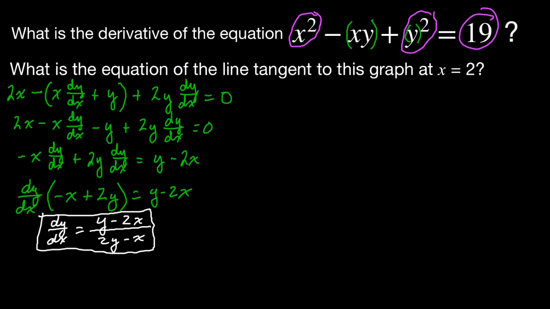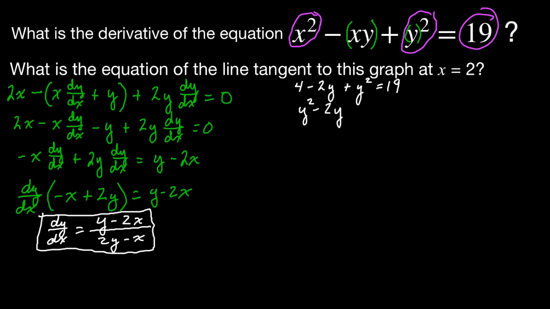All right, so at x equals 2, you're going to get 2 squared, which is 4, minus 2y, plus y squared equals 19. That was just taking our 2 and substituting it in for the x to find out what our y value is. This is quadratic, which means we need to set this equation equal to 0.